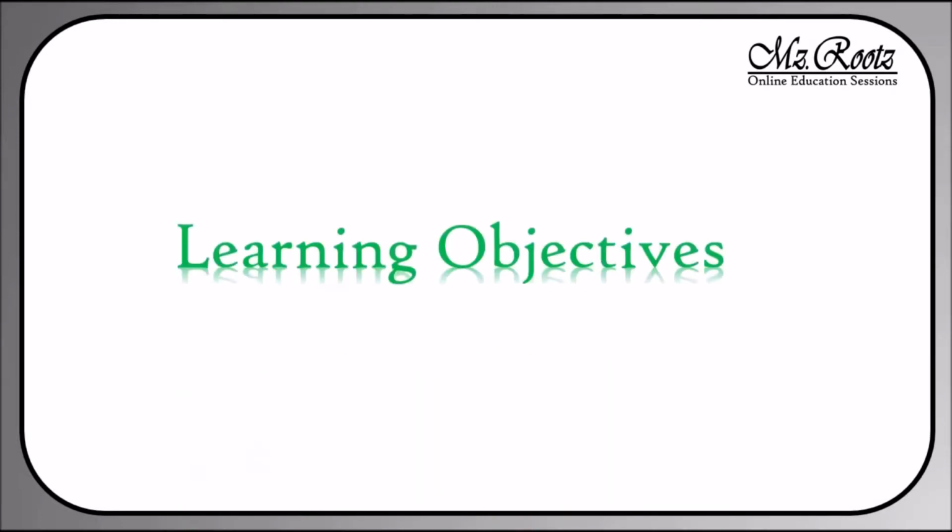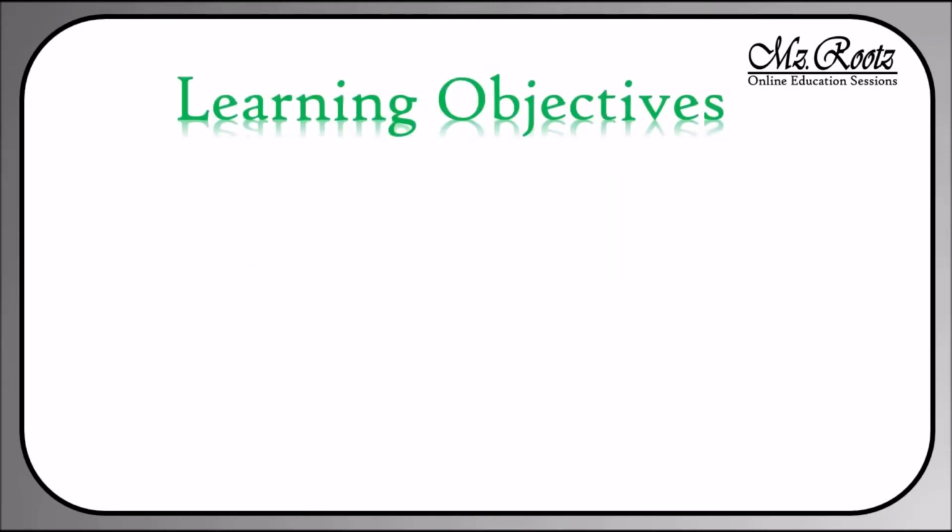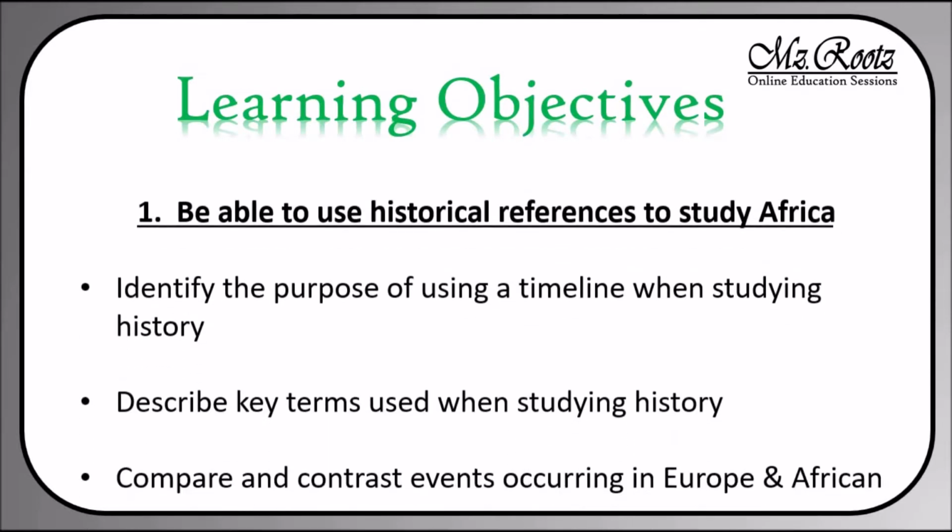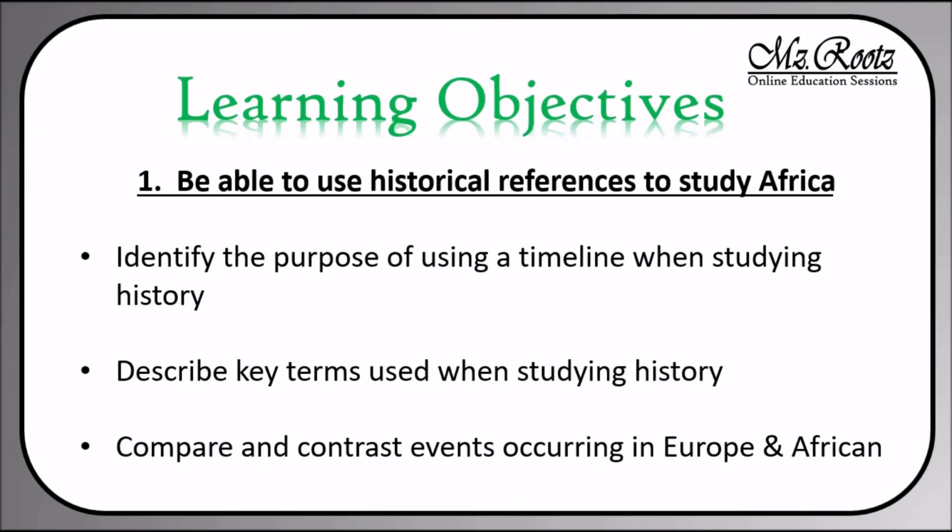For the next few sessions, we're going to be completing the modules outlined in your course content checklist. The first module outlines that you will be able to use historical references to study Africa.